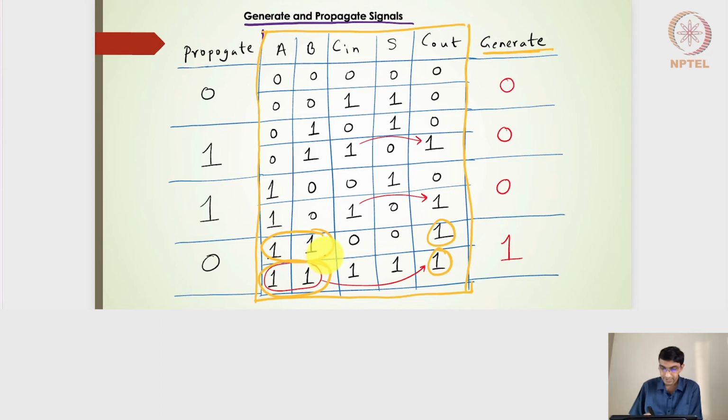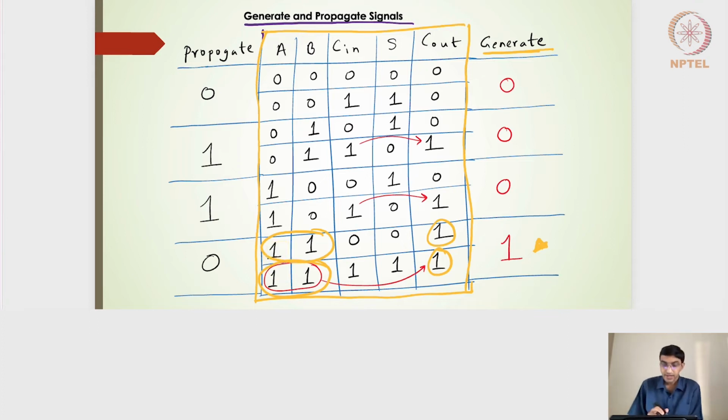Irrespective of the C input being 1 or 0, it generates a carry out. So if it generates a carry output independent of the C input, then the generate signal is 1. That is what the definition says, and that is possible only when A and B are both 1.